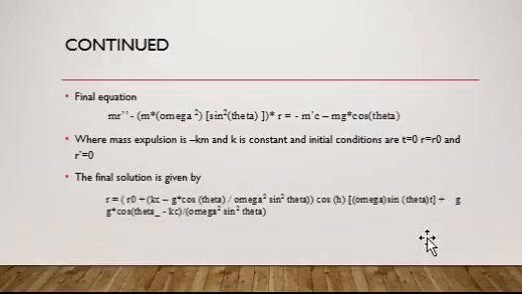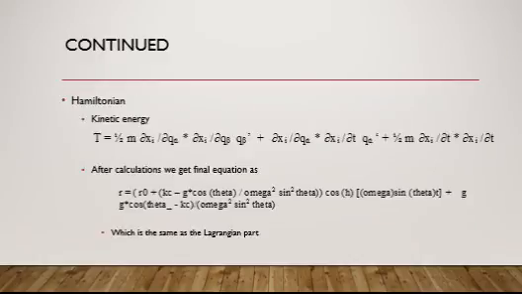Thus the final solution is given by r is equal to r naught plus kc minus g cos theta by omega square sine square theta, cosh omega sine theta t, plus g cos theta minus kc by omega square sine square theta. Now let us look at the Hamiltonian part of the equation.